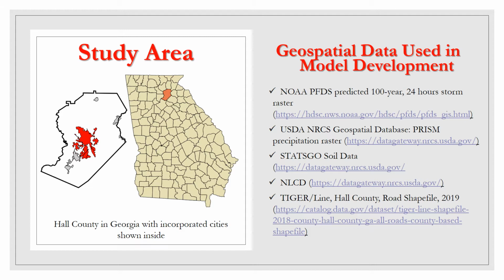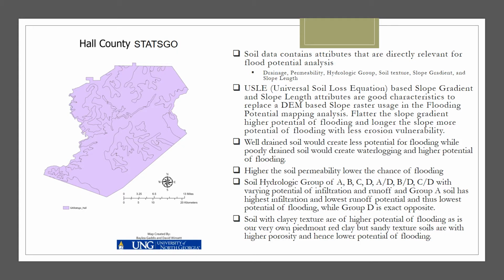We also used TIGER road data. The road data was embedded in the final product so that it would help environmental managers know, if such events happen, whether a communication network is there or not. They need to know.